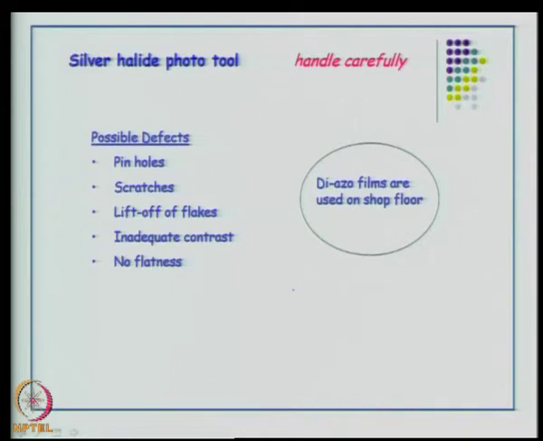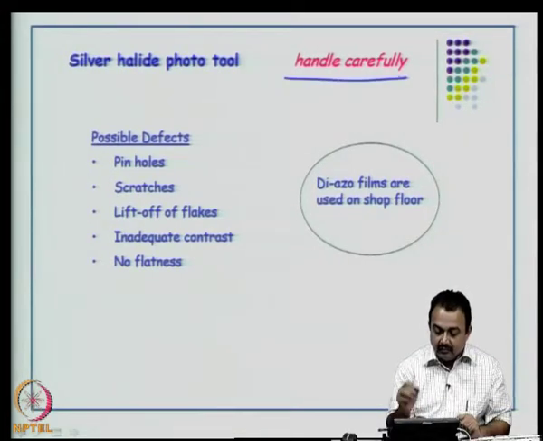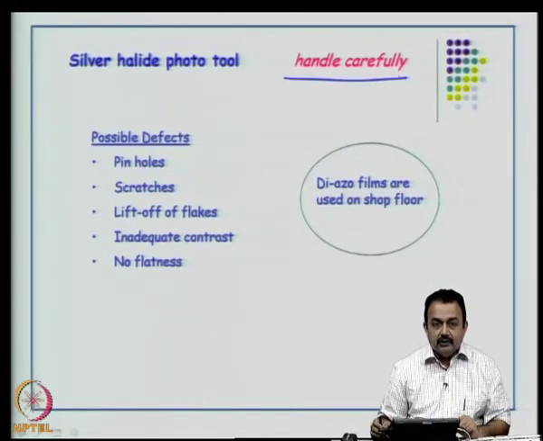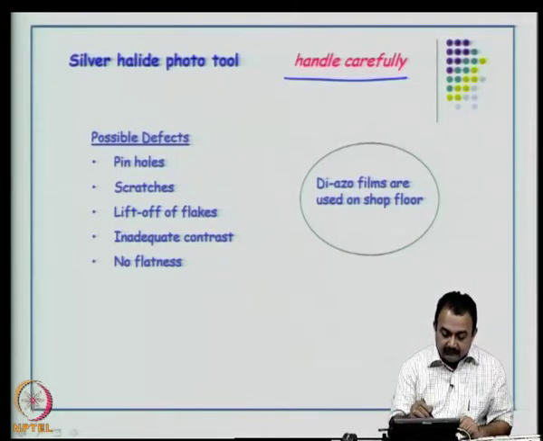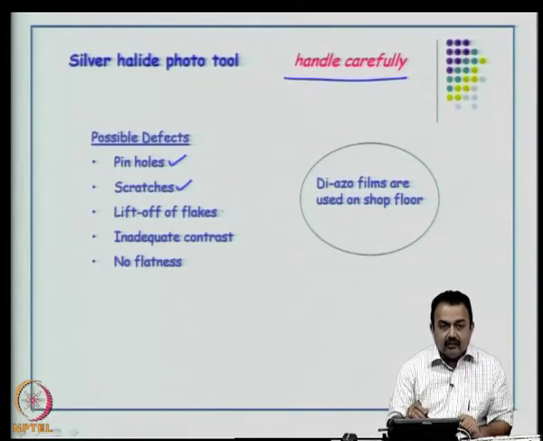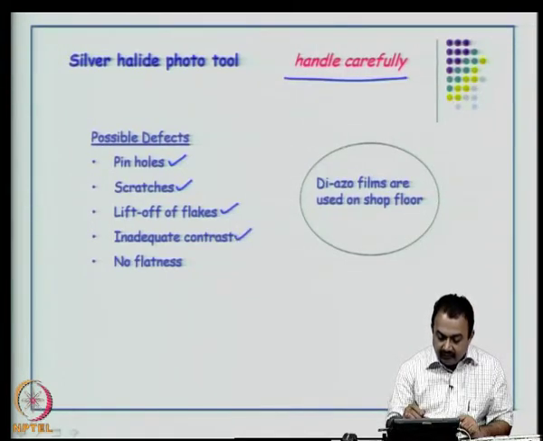Now, silver halide photo tool, like the mask that you are seeing here, you have to handle very carefully, because you cannot afford to have defects. You must have a defect free photo tool. What are the defects you can see? You can see pinholes, scratches, lift off flakes, inadequate contrast between the black and the white areas.